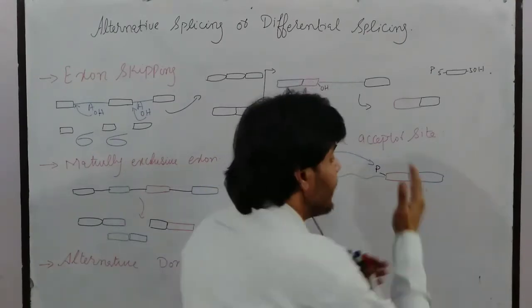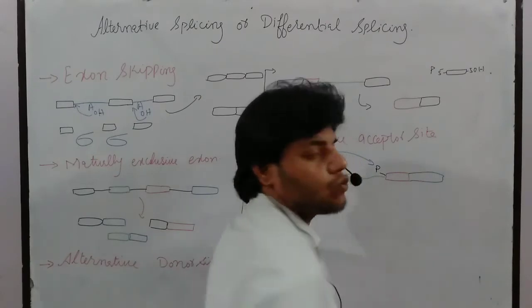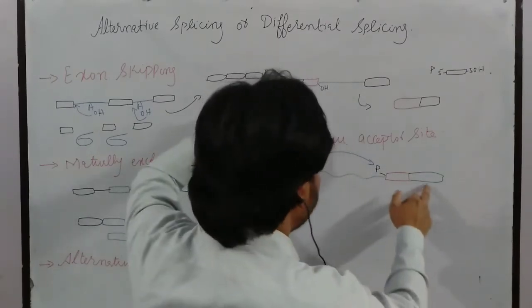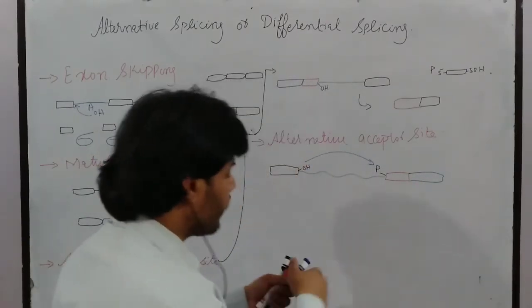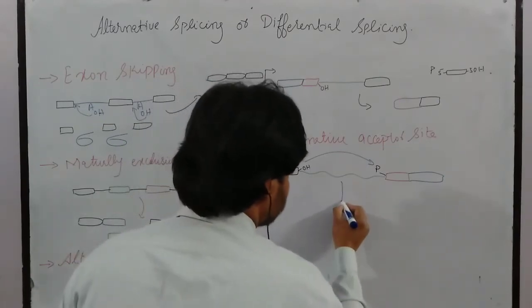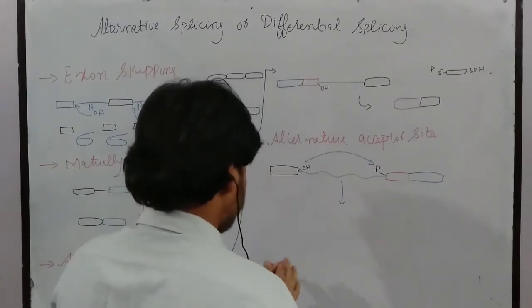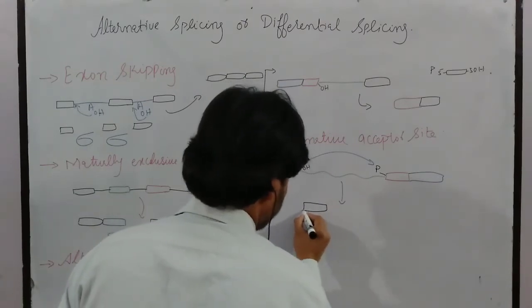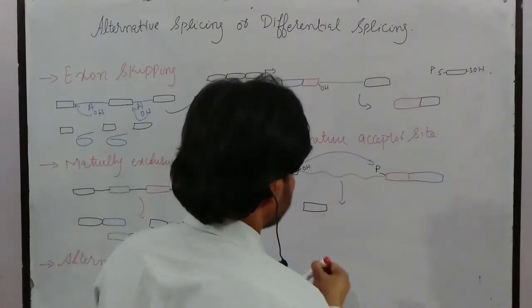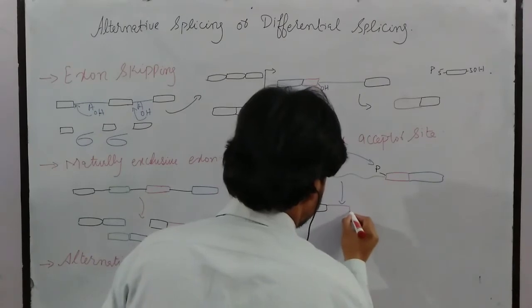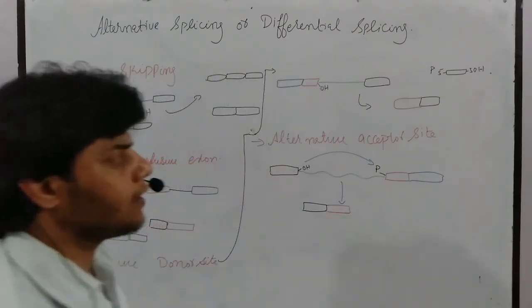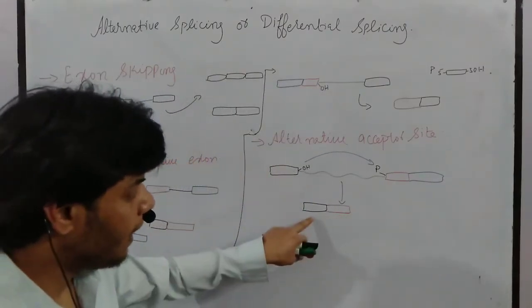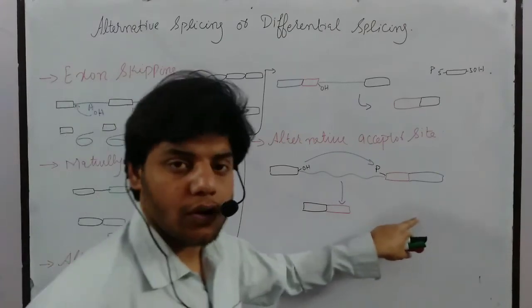Due to this, there is a chance that this one exon will also be cleaved out in both the cases. Again, in this case we get the structure like that: the first exon and the next exon. After that, it is ready for protein synthesis.